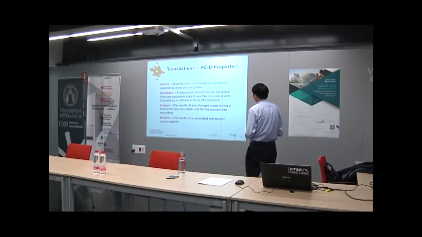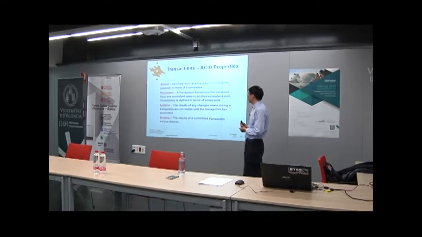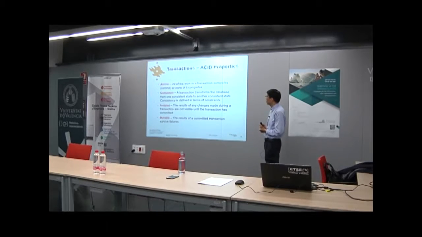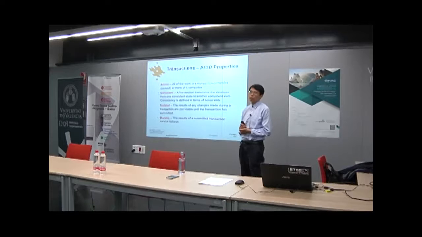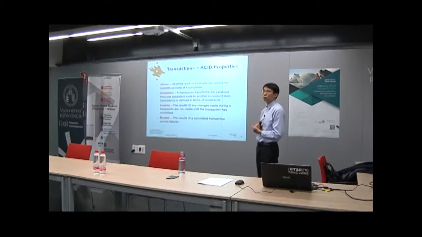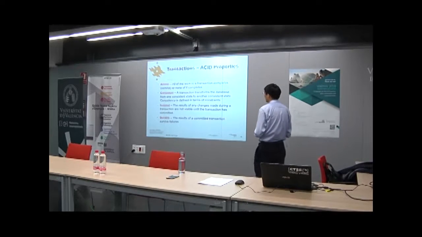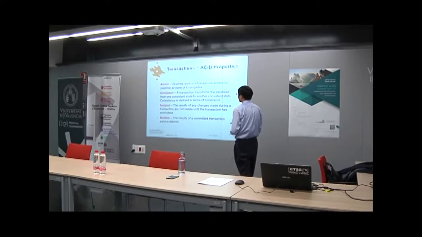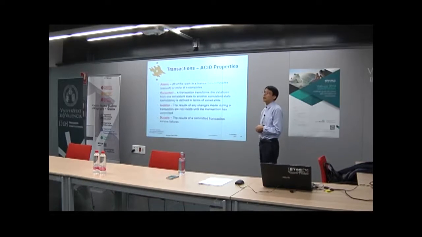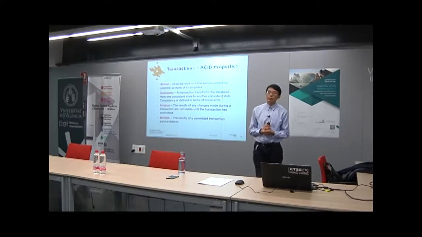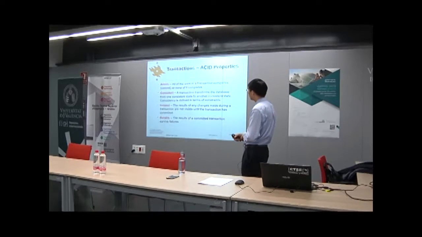Consistent means a transaction transforms the database from one consistent state to another consistent state. Consistency is defined in terms of constraints. For example, we have some constraints like the functional dependency, like the value constraints. This value should be positive, or maybe greater than some value. So this is called the value constraints. So consistency means that each value of the data should satisfy some constraints.